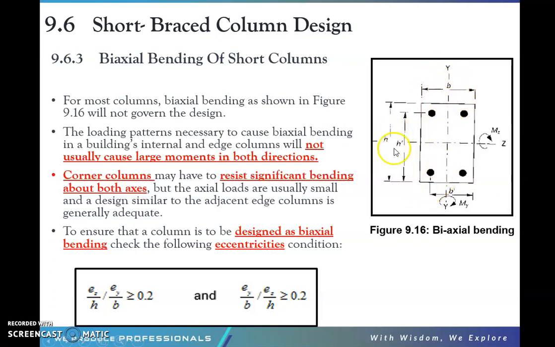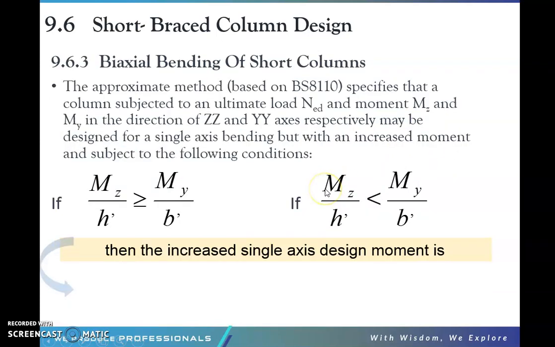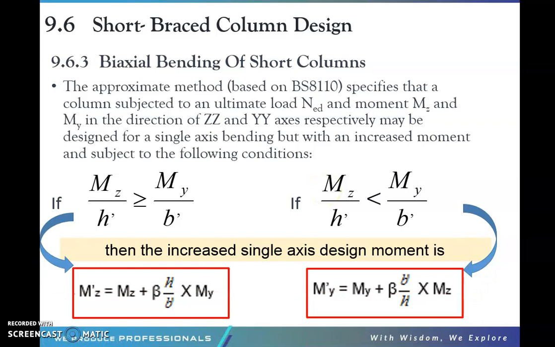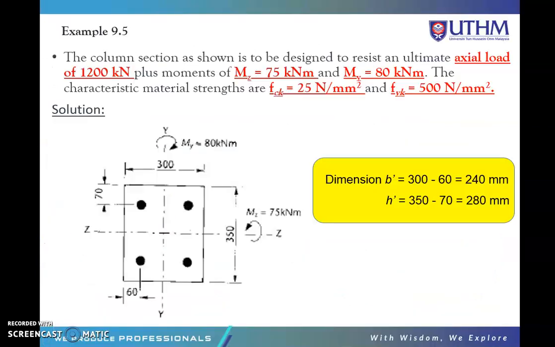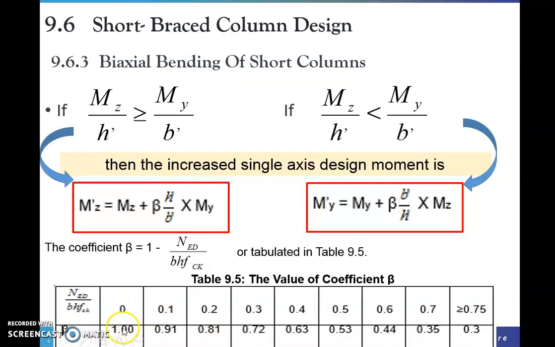So ini adalah h prime, ini adalah nilai b prime. So, kita dah tahu nilai beta, so kita boleh substitute dalam equation yang mana kita guna untuk mencari the single axis design moment.